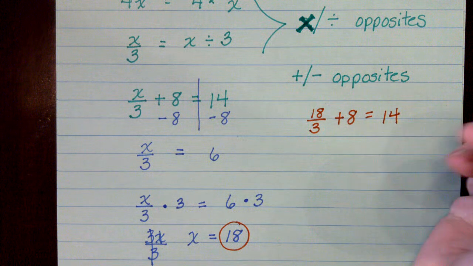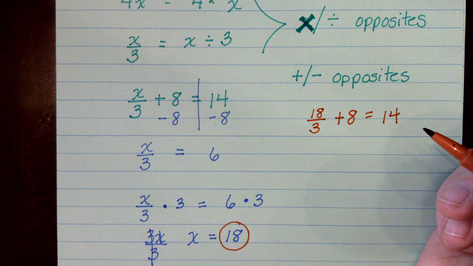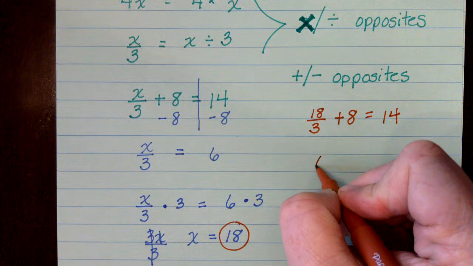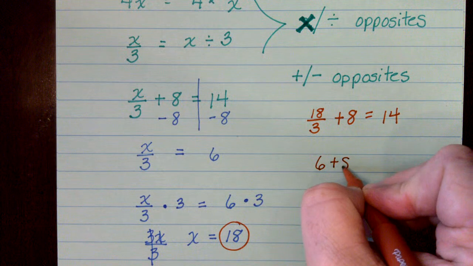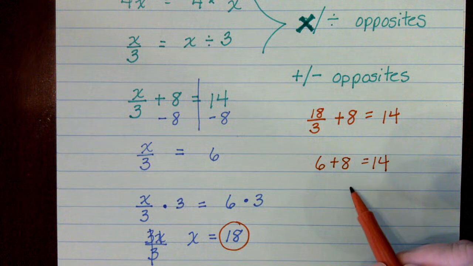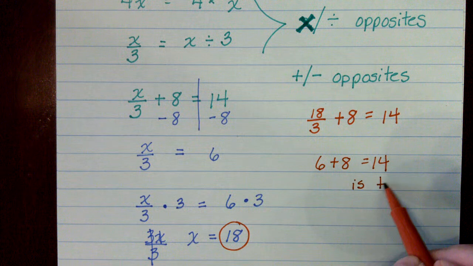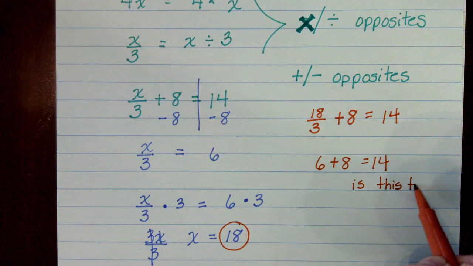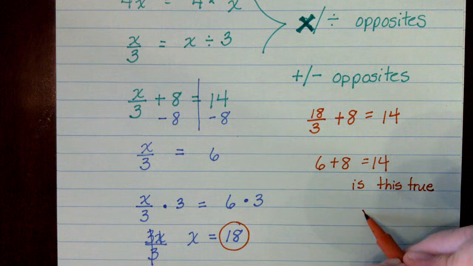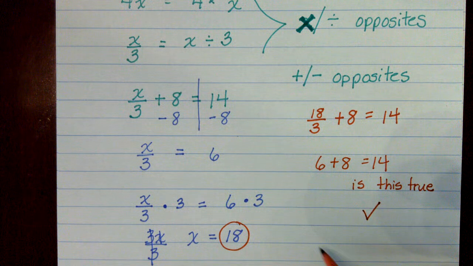So 18 divided by 3 is going to be 6, because 6 times 3 is 18. So 6 plus 8 equals 14. Is this true? Yes, it is true. Therefore, our solution of x equals 18 is correct.